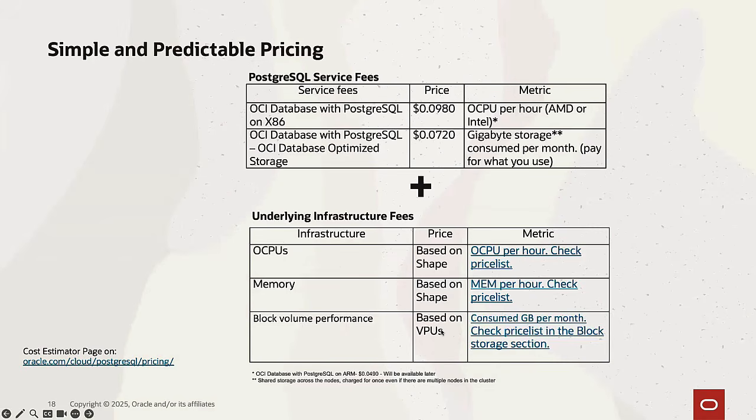We have it as VPUs, virtual performance units, which is a proxy for IOPS, an industry standard metric for input/output operations per second, which is how block storage performance is measured. Storage performance for a database is measured this way. So again, you have your managed service fee, and then your underlying infrastructure fee, and these two together combine to form your bill for a managed Postgres on OCI.